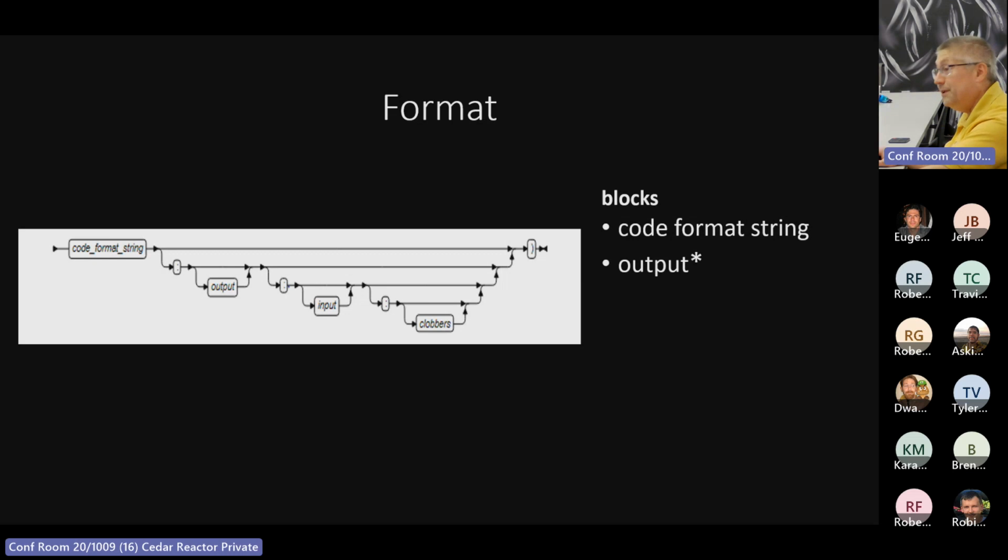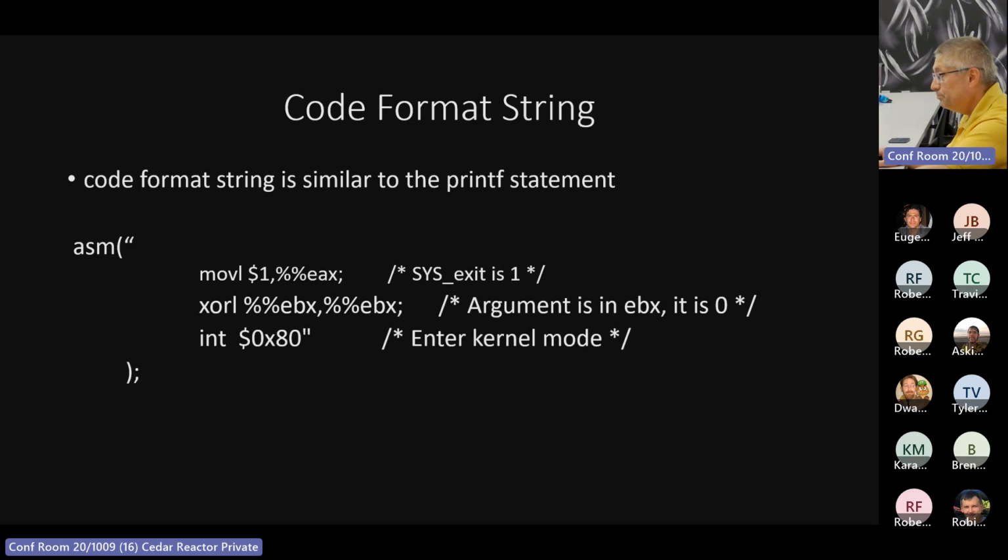And then we also have the clobber section. But these three are optional, so you don't have to write that in your particular inline assembly code.